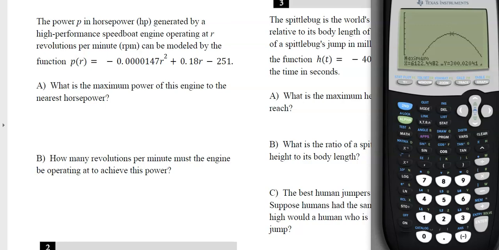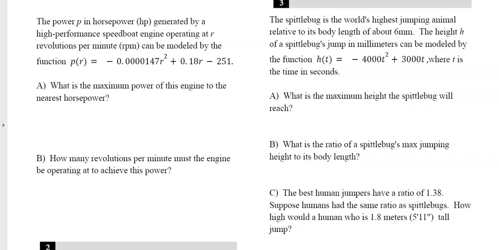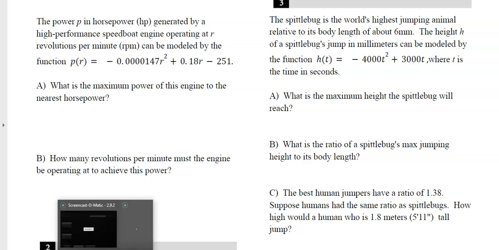So the X coordinate, which is the R in this equation, my revolutions per minute, is about 6122. And it says go to the nearest horsepower.